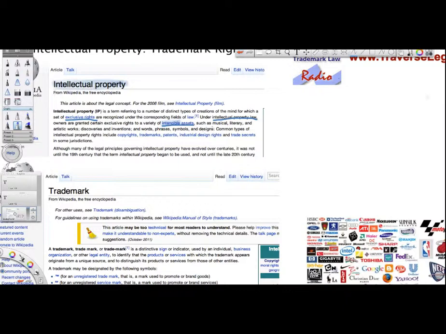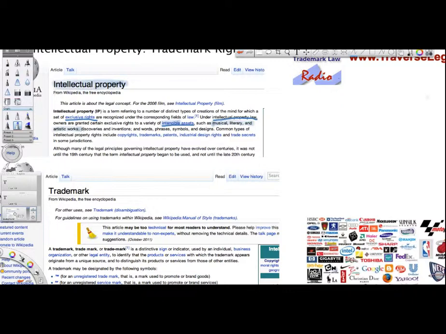Some types of intangible property deal really with copyrights. So if we take a look at some of the first examples here of music, literary, and artistic works, these are intellectual property rights that are going to be governed by copyright law.